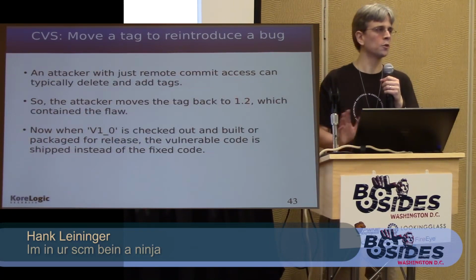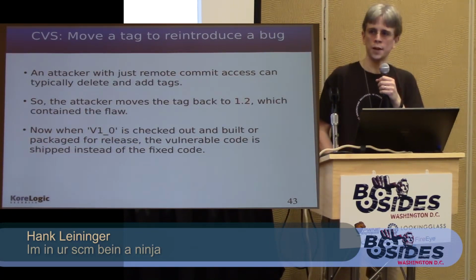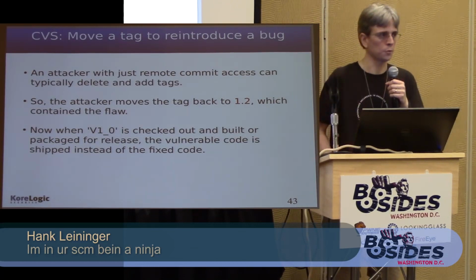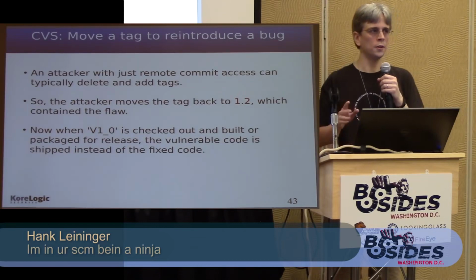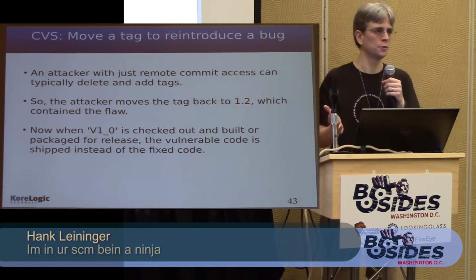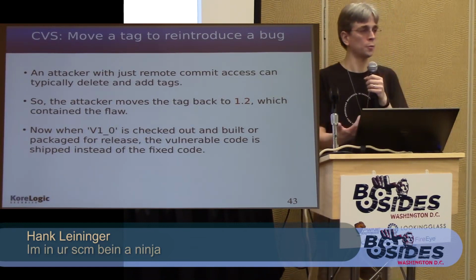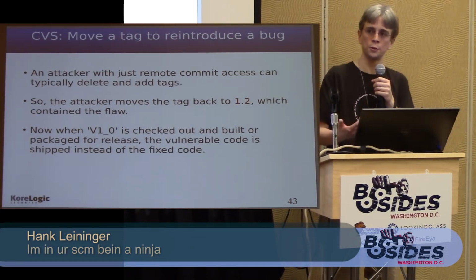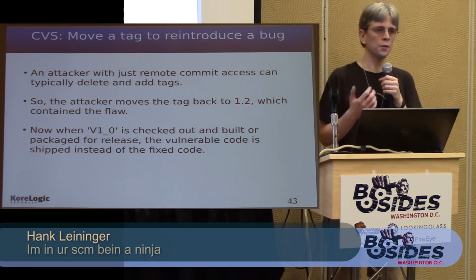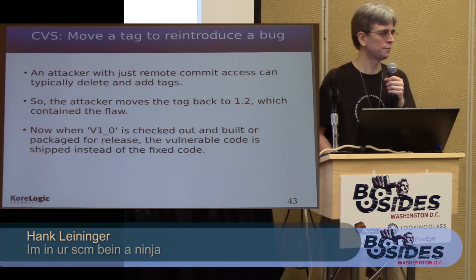An attacker with just remote commit access can typically add and remove tags, because that's just another developer action that's expected. Well, it's fairly okay to move a tag forwards for the exact situation I just described. You fixed a bug, now you want your tag to point at the version that includes the fix. That's great. But nothing stops you from moving a tag backwards.